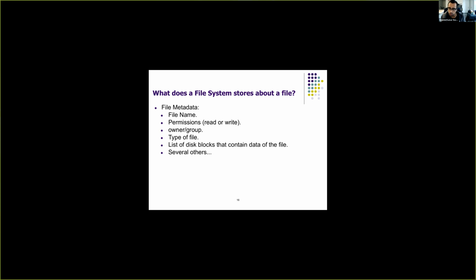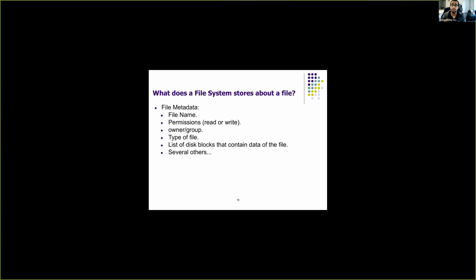That means it also needs to know where on the disk the file data is, right? And along with that, there are other things that file metadata usually contains on modern operating systems. Note that file metadata is not exactly the data of the file that we see.